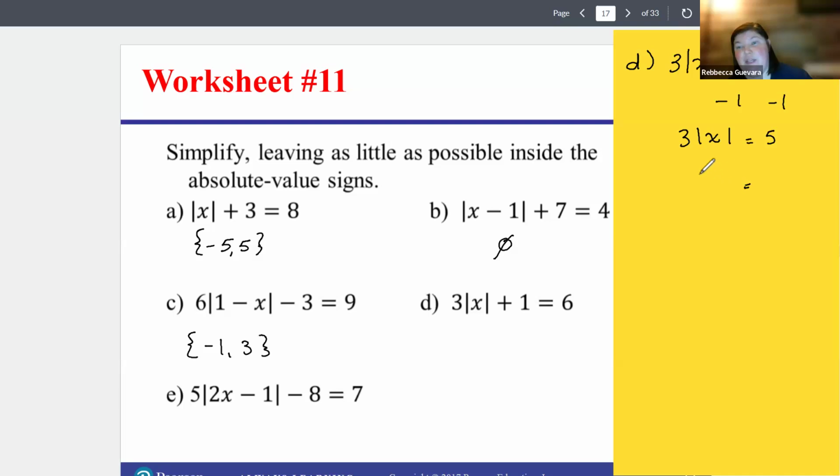Then we're going to divide by 3, and we're going to have absolute value of x is equal to 5 over 3. So I have two options here: x is either negative 5 over 3 or positive 5 over 3. So yes, your answers can be fractions.